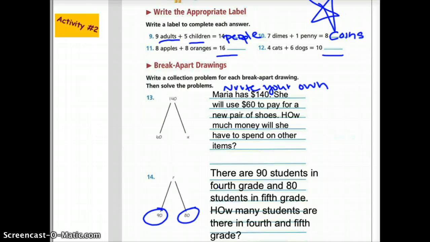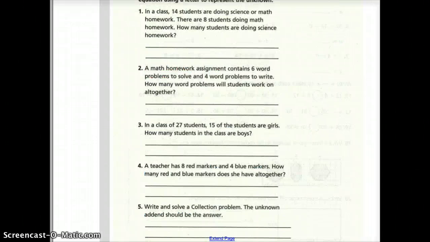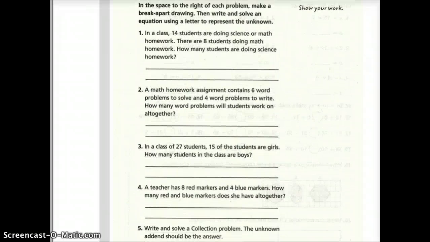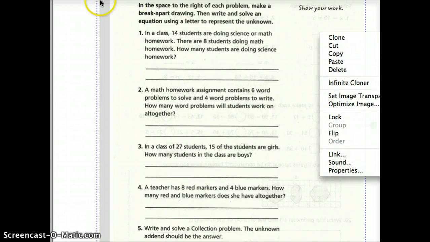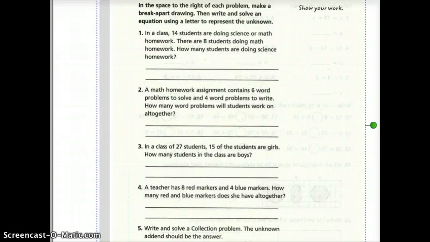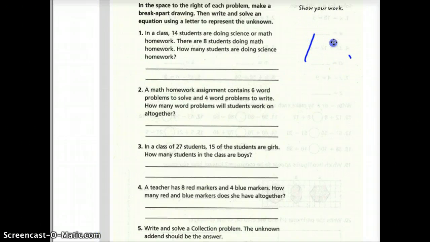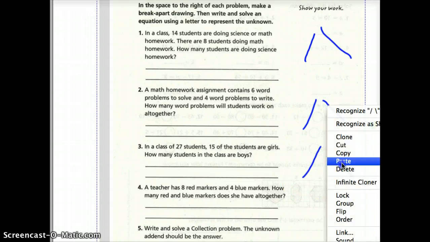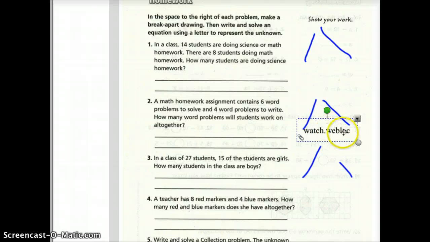Then you're moving on to your homework. Your homework looks just like page 128. Again, you need to make sure that over on this side you have break apart drawings. I noticed that some of you on your homework have not been showing your work, so please make sure that your work is being shown and you're writing the equations.